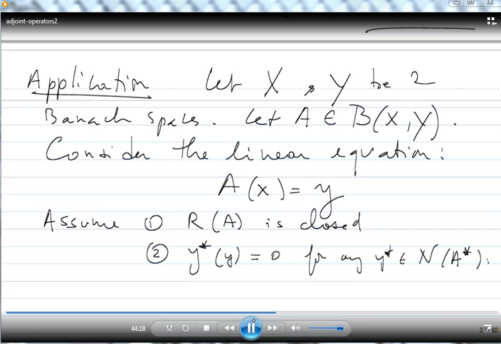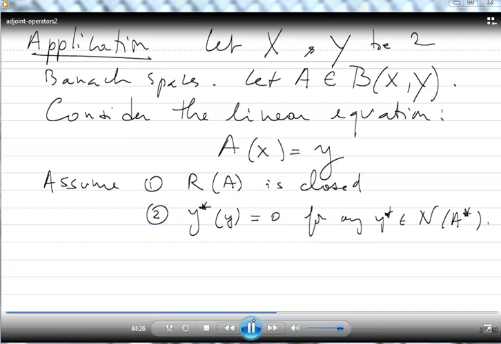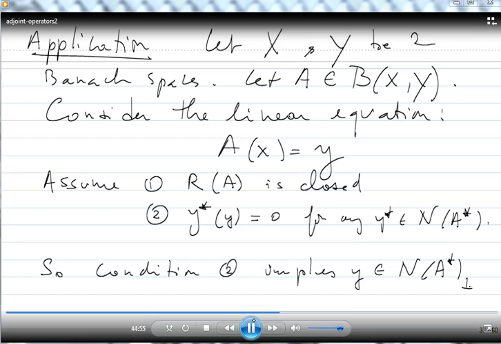Then condition 2 implies that Y belongs to N of A star orthogonal.